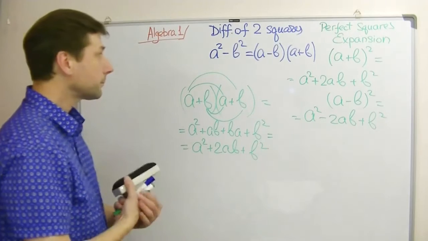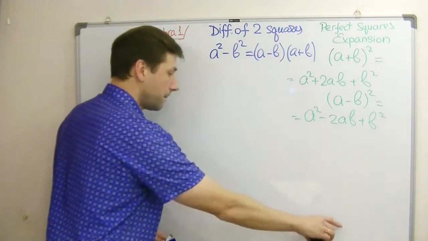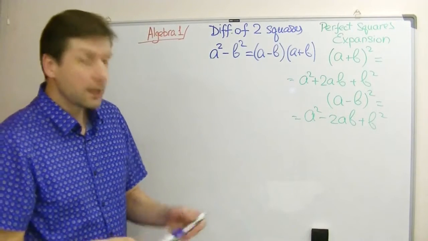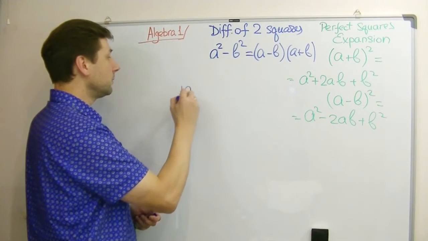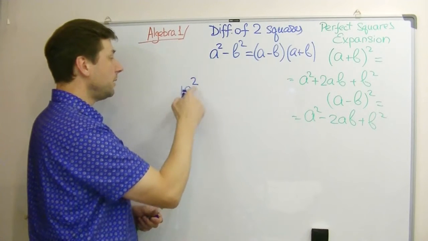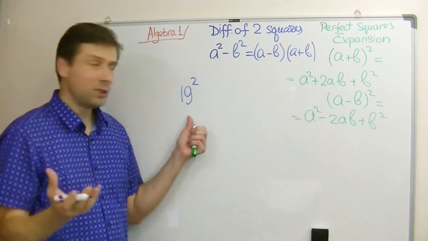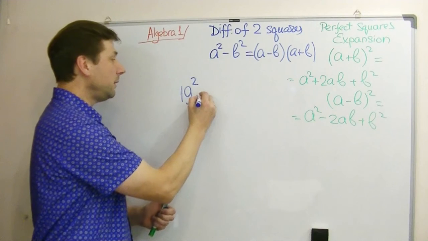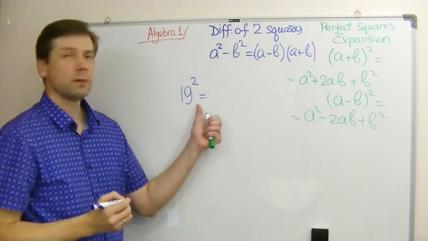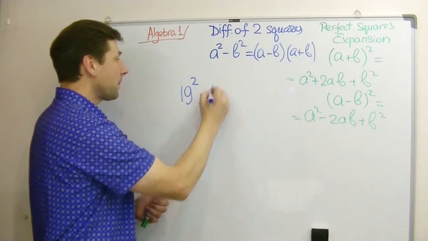For example, for some need we have to calculate 19 squared. Probably you are a genius and already know how much it is, but it is quite an easy way to calculate it without using calculators.